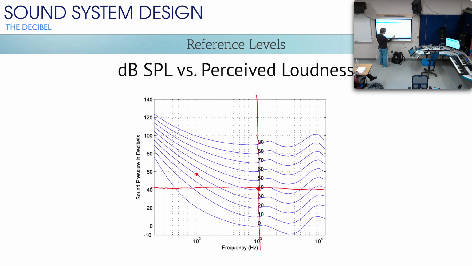So if we look now at 1 kilohertz at 10 dB SPL, in order for 100 hertz to sound just as loud, it has to be 30 dB louder. However, when we get to higher levels, here's 1 kilohertz at 90 dB SPL, 100 hertz only has to be 10 dB louder in order for it to sound the same level. So our sensitivity is different.